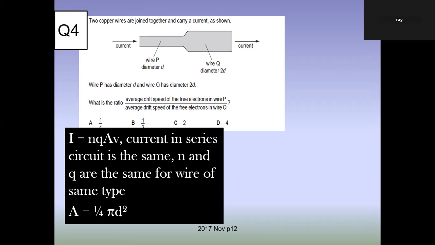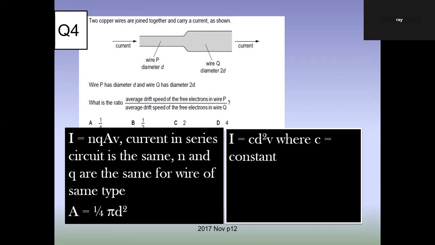Then A is a quarter pi D square. Take all the constant and group it under C. Current is constant for series circuit, for series flow.